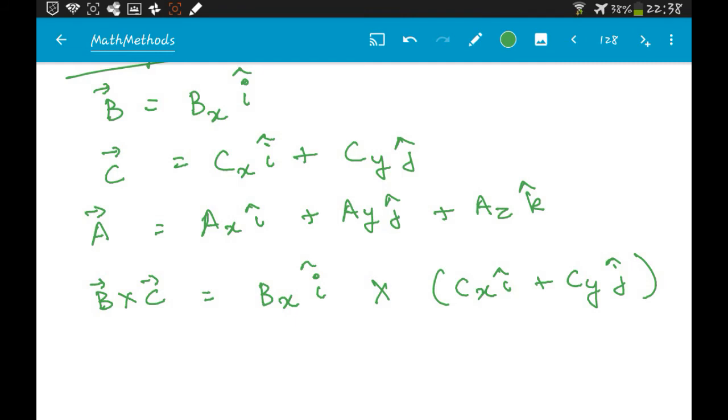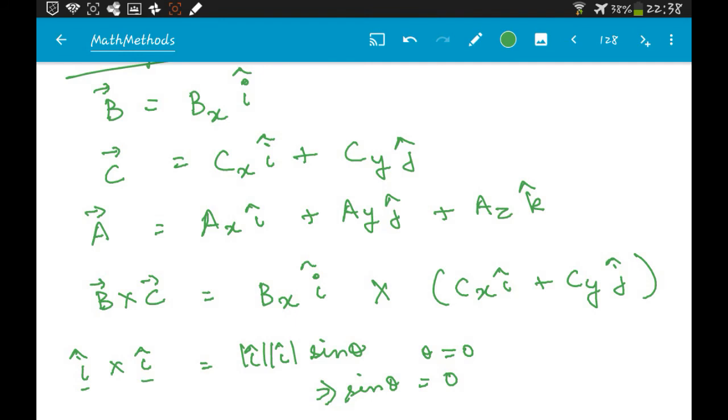Alright. So when we do i cross i, since it is the same vector, it is the norm of i times the norm of i times sine theta. And since i is the same, the angle theta is 0, and sine theta is 0. So whenever you do a cross product of the same quantity or the same direction, it will give you 0.